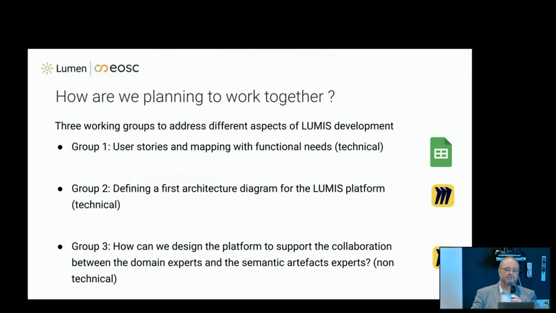Group 2 would be defining the first architecture diagram, because the main idea of LUMIS is we don't want to reinvent the wheel. There are already good tools that exist that are widely used. I was in OntoCommons with Michaela, and there was an analysis of the usage of tools in industry. Protégé, for instance, is the main ontology editor. I think it's 75 or 80% of ontologists or people working with knowledge modeling in industry using Protégé.